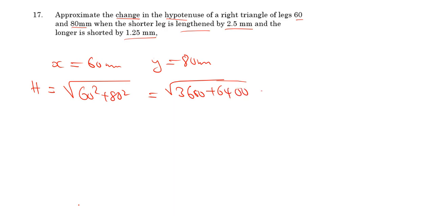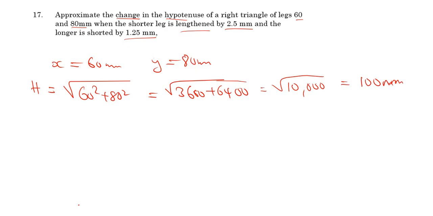You add the two, you get 10,000. And the square root of 10,000 is just 100, so 100 millimeters is my initial hypotenuse. So that's the initial hypotenuse.